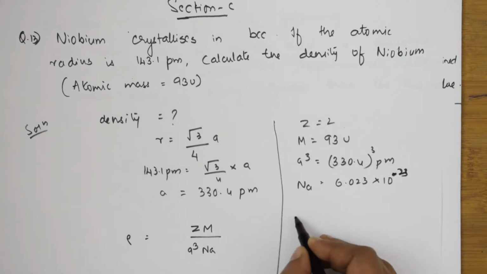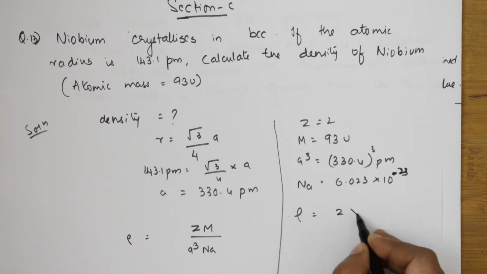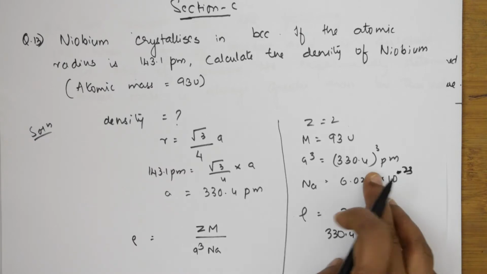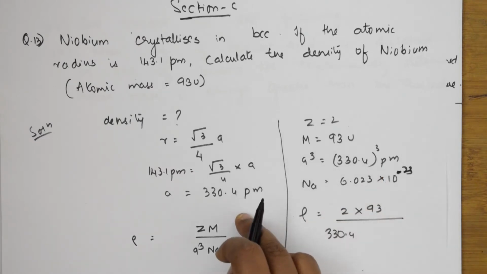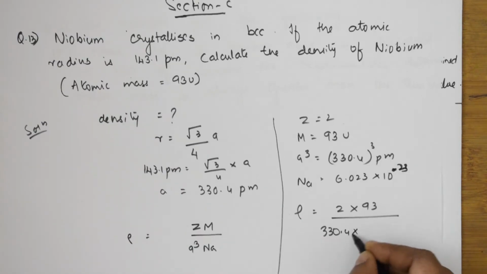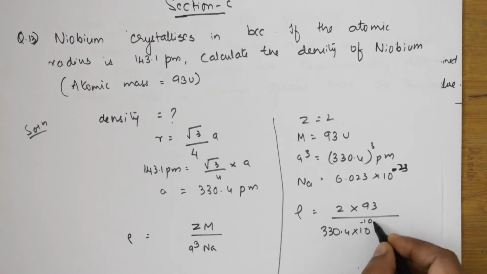Now substitute. Density is equal to 2 into 93 divided by 330.4 cubed. I am converting that picometer into centimeter, because atomic mass unit is given, so you multiply with 10 raised to the power of minus 10, so this becomes centimeter.